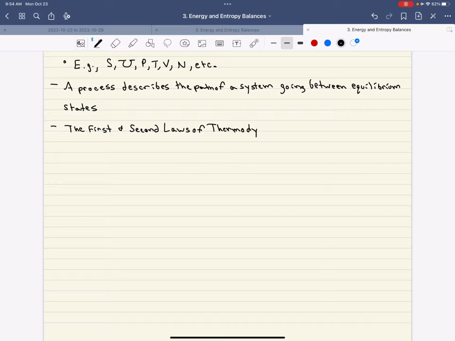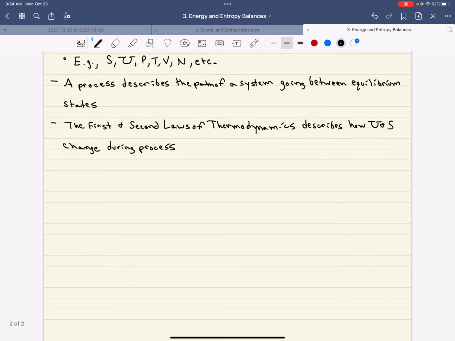What they do is they provide us a way to describe how internal energy and entropy change during a process. All right? And so the goal of this module is to understand and go over how to apply these conservation laws in order to understand how a system behaves during a process.